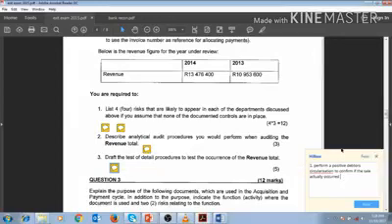Number 2, what can I do as well? I'm going to select a sample of transactions recorded in the revenue account and agree it to the invoice.